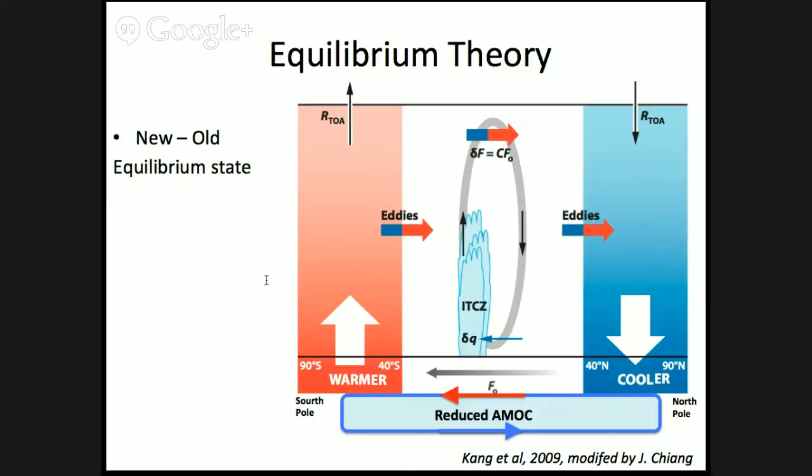This mechanism says that the reduced overturning circulation is dominant in the teleconnection. First, the reduction of the Atlantic meridional circulation induces anomalous southward heat transport by the ocean, and this southward ocean energy transport makes the northern midlatitudes cooler and makes the southern hemisphere warmer.